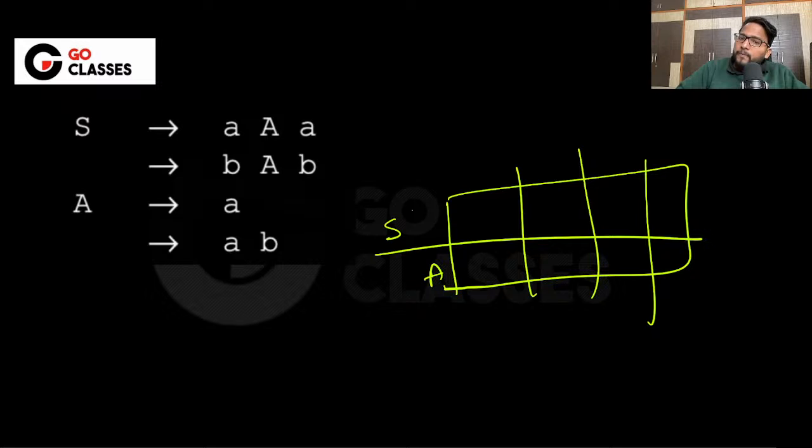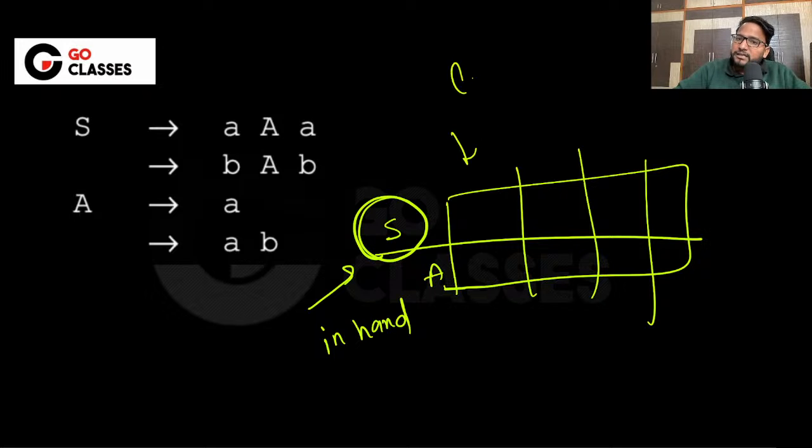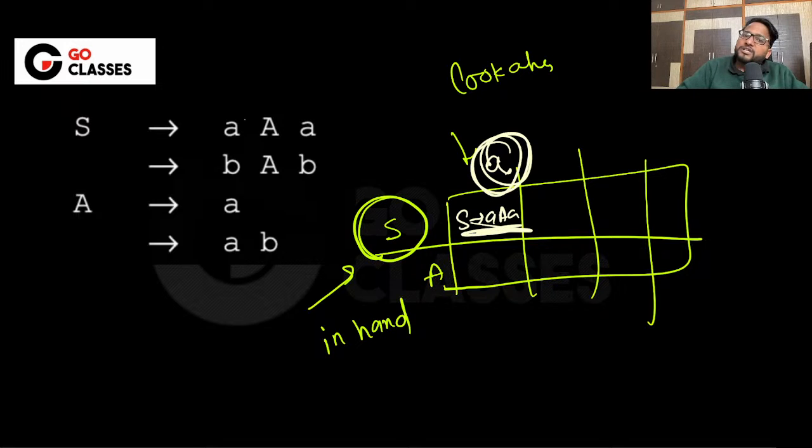Now you have this S in your hand, and these are the lookaheads. Let's suppose this is LL(1). If you want to make the table for LL(1), you will put this here. You will say if the lookahead is a small a, then I will go with this production. If the lookahead is a small b, I will go with this production. If this is LL(1), this could have been very easy.